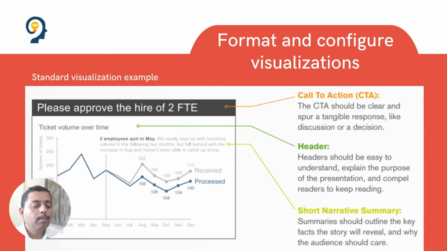The moment it came to August, we received a spike and we tumbled with the strength that we have within the team. And from August to December, it was consistent that we were not able to achieve the target or cater to the ticket volume.